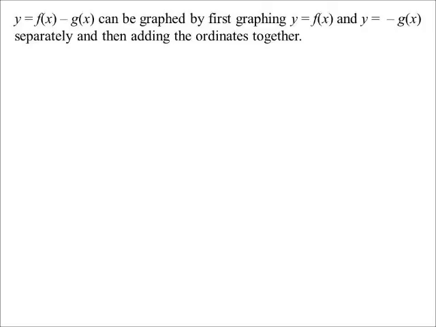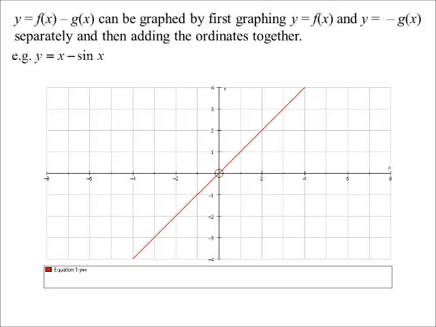So actually what I tend to draw is, instead of drawing the graph of, say, y equals g of x, I'll draw the graph of y equals minus g of x, and then just add the two graphs together. So x minus sine x. Okay, anyway, there's y equals x, there's y equals minus sine x.